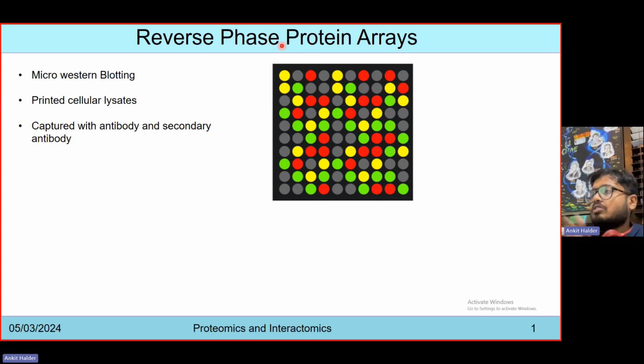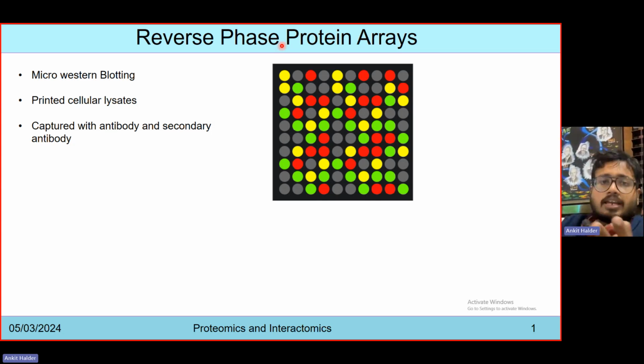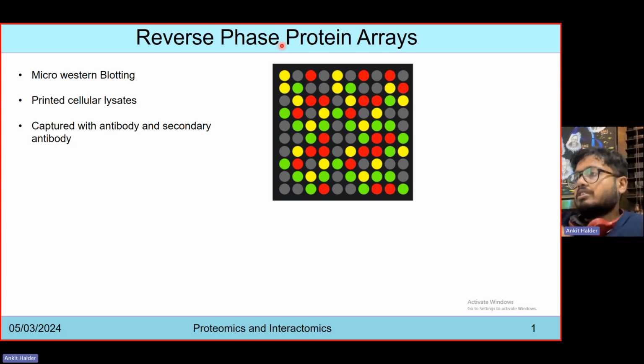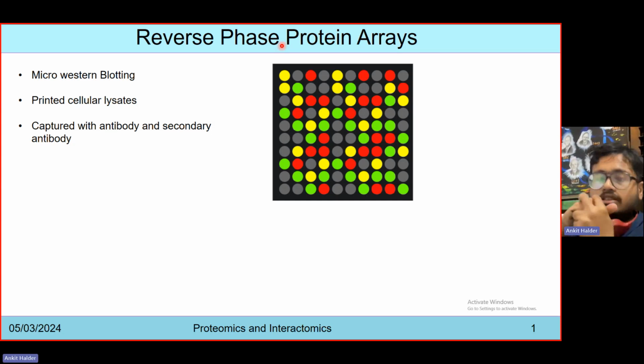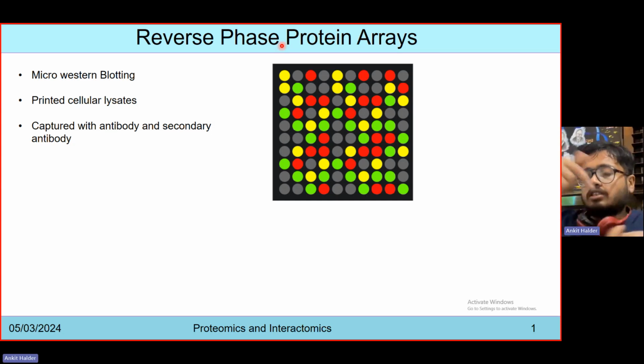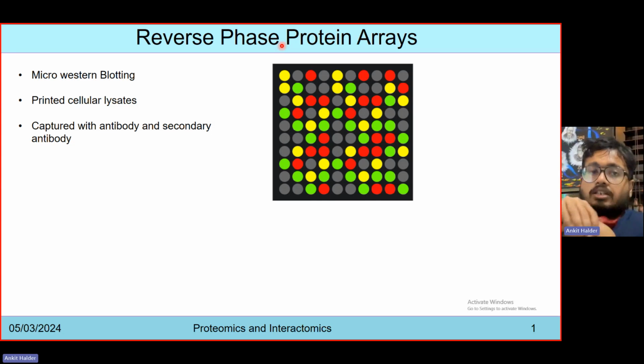This is also known as micro western blotting, because it uses a similar principle to the western blot, validating a protein using an antibody-based method from a cell lysate or tissue specimen.